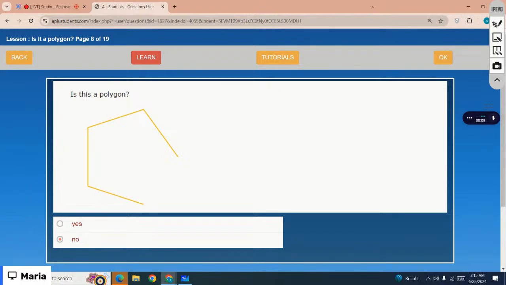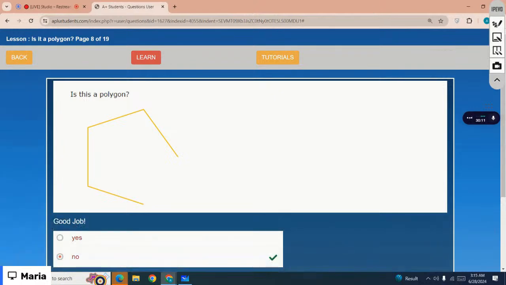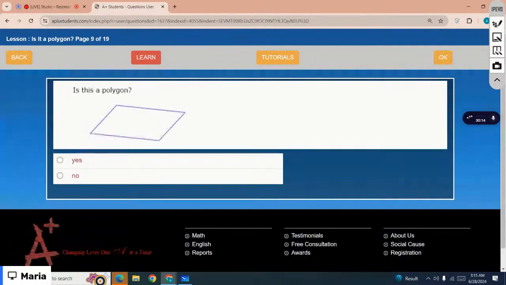No, this is not a polygon. Is this a polygon?